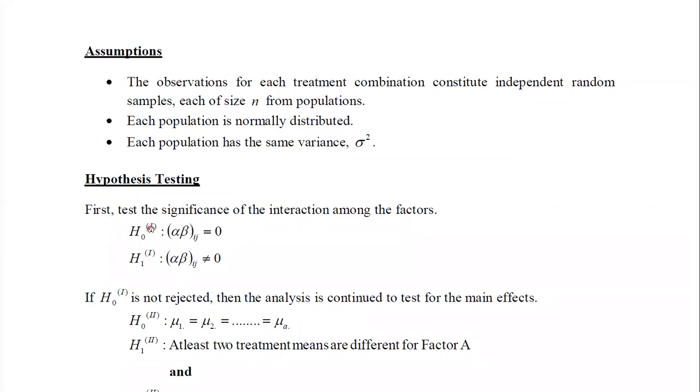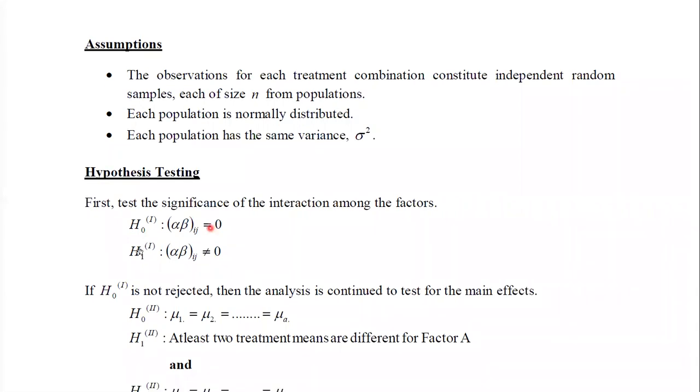Here you can see some superscript letters within the brackets, which say that it is the first step of this hypothesis testing. Under the first step we test the null hypothesis that there is no interaction effect, meaning the interaction is 0, versus the interaction is not equal to 0.